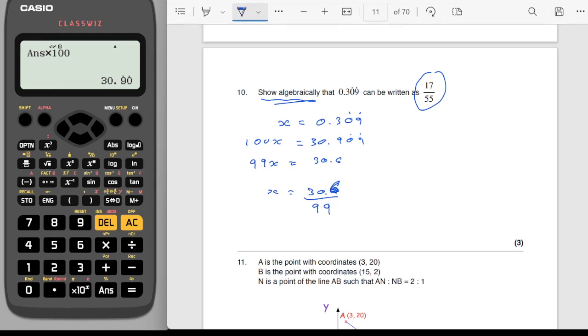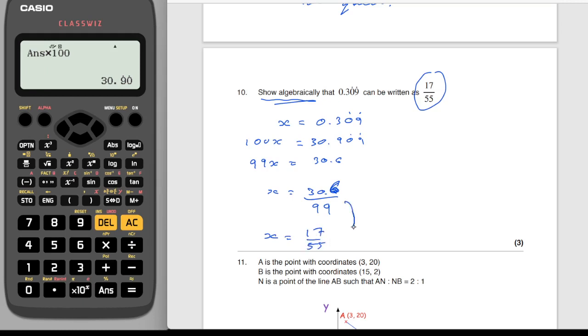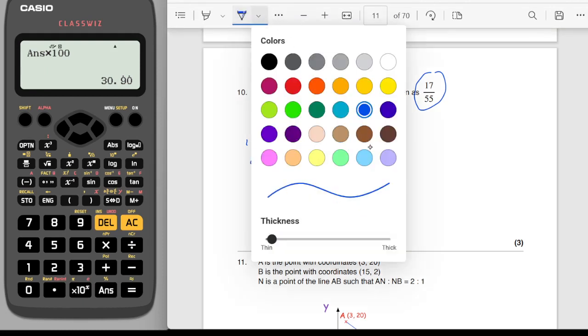And from there, however you want to simplify that is up to you, but you can use your calculator. So you won't lose a mark if you jump from there to saying that x is equal to 17 over 55. I would probably recommend you include a working step just to show exactly what you've done.